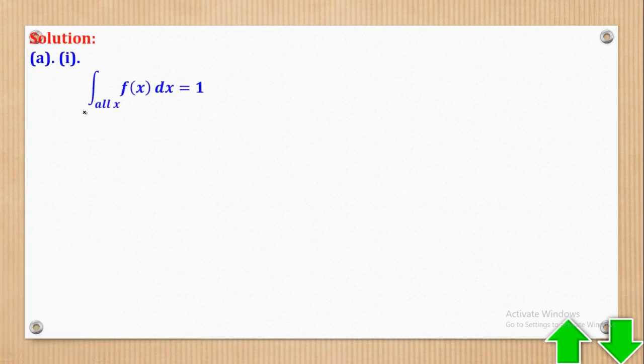So I say that total probability is equal to 1, then I substitute the function kx over 6 and the limits from 1 to 2. So you should remember to put equal to 1.